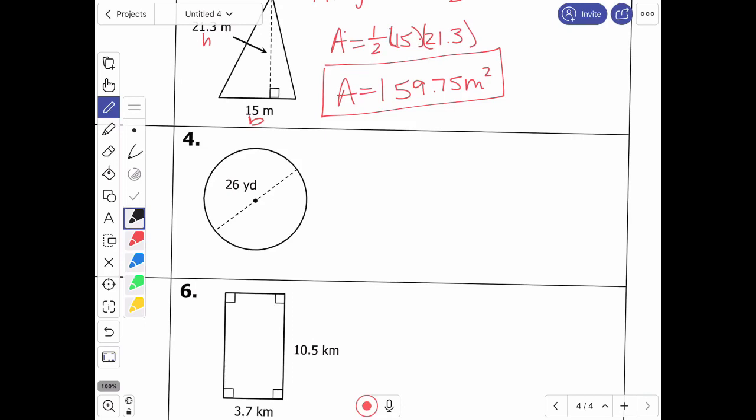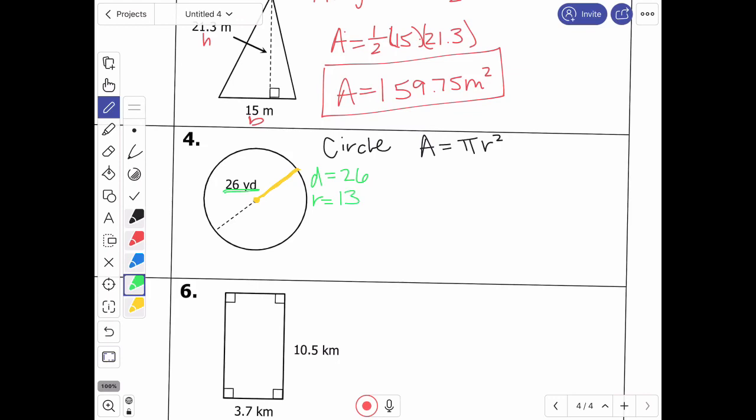Number 4, I have a circle. So with a circle, my area formula is pi r squared. And reminder that r is the radius. So when I think about my radius, the radius would just be half of the diameter. So I'm given that the diameter is 26 yards, okay? So I need to take half of that. My diameter is 26. That means my radius has to equal 13.